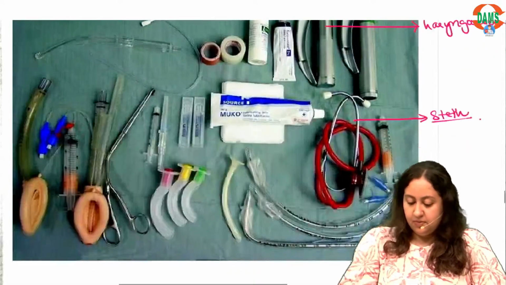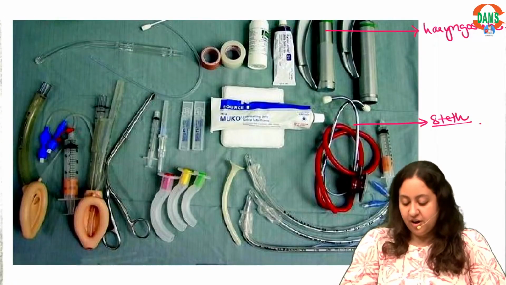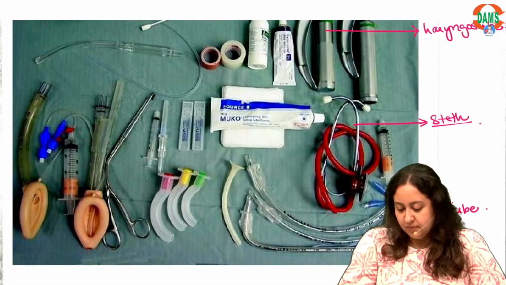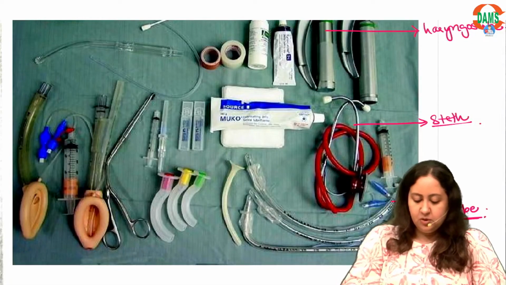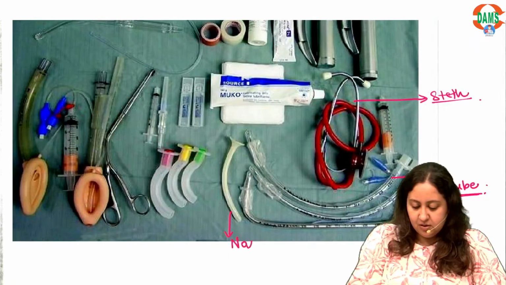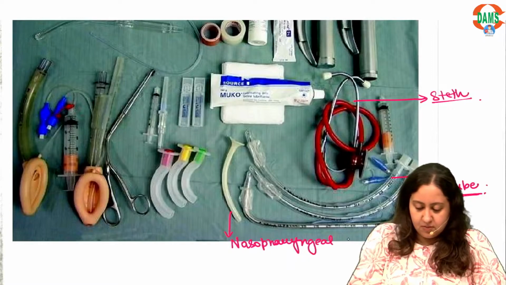These are your endotracheal tubes, your ET tubes. Okay. This is your nasopharyngeal airway. This is your oropharyngeal airway.